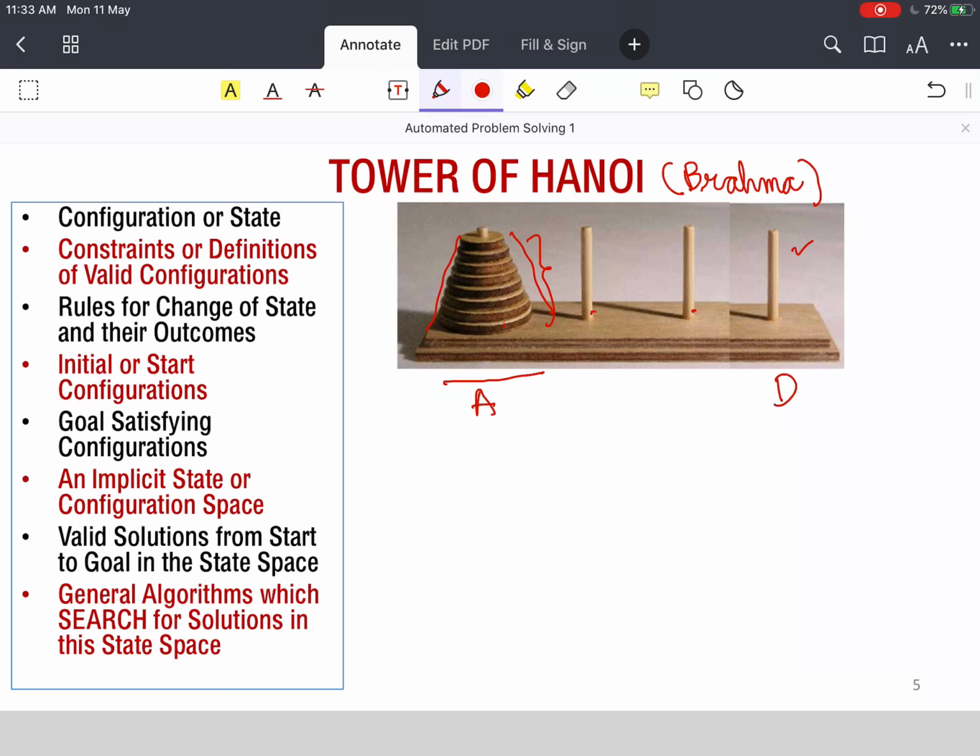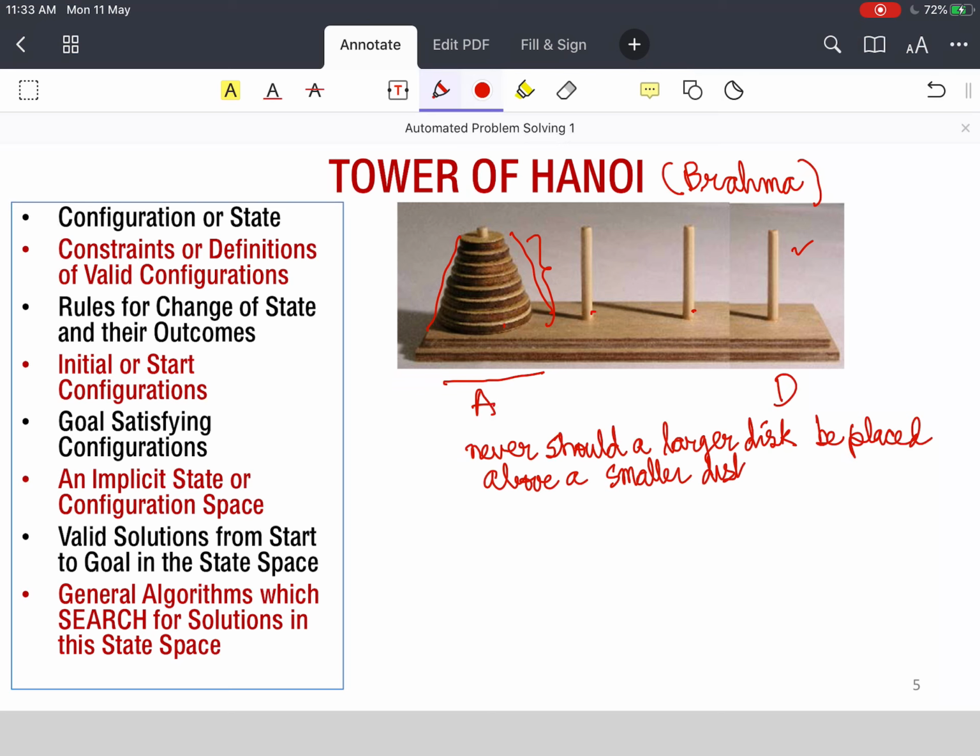So the rule is that never should a larger disk be placed above a smaller disk. That means we cannot put this topmost disk here and the next disk above it. So this is the rule. Many of us know what it is. So in this problem, we know what the configuration is.